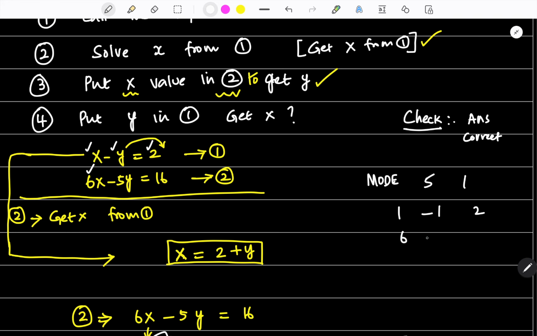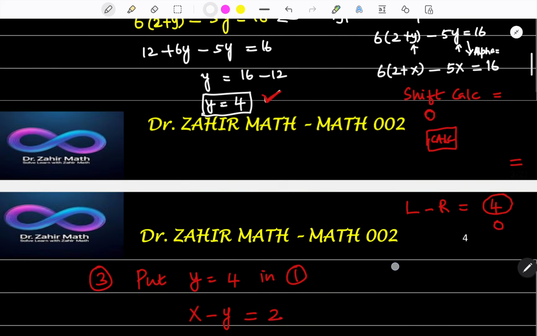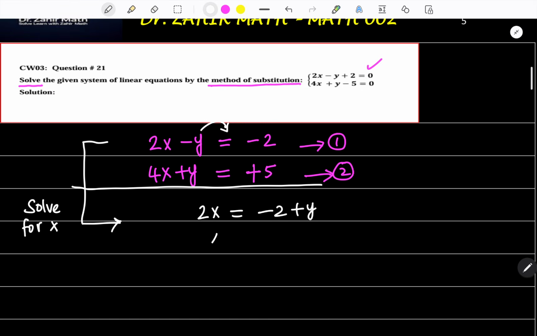Second input 6, minus 5 and 16. So x is equal to 6 and y is equal to 4. Got it? The same answer. Lovely, superb, very nice. So we can verify our answers in the calculator. Let me tell you again, calculators are used only for checking your answers.